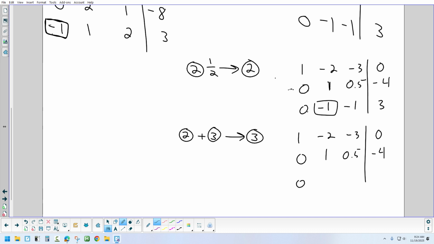That's why we used row 2, because it already had a 0 here, so adding it to here would never mess up that 0 again. Okay. Next one. What's 1 plus -1? 0. What's 0.5 plus -1? -0.5.